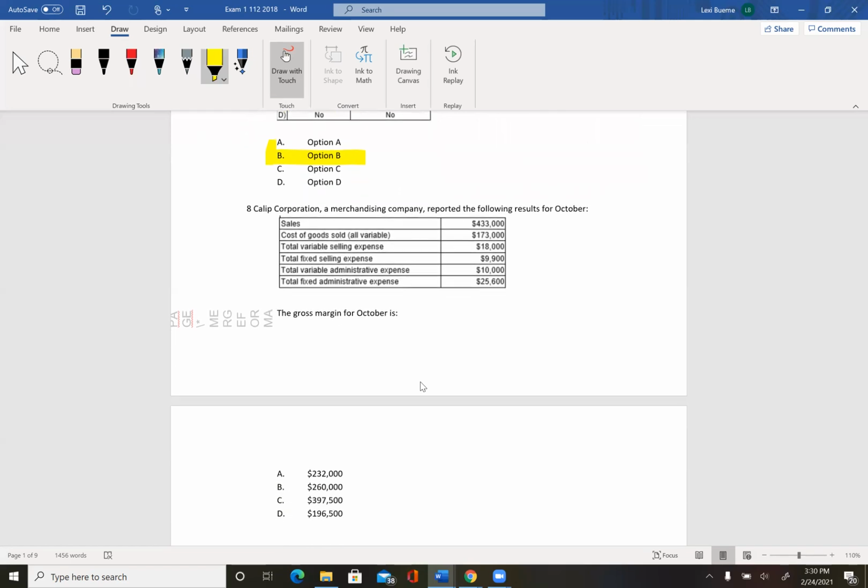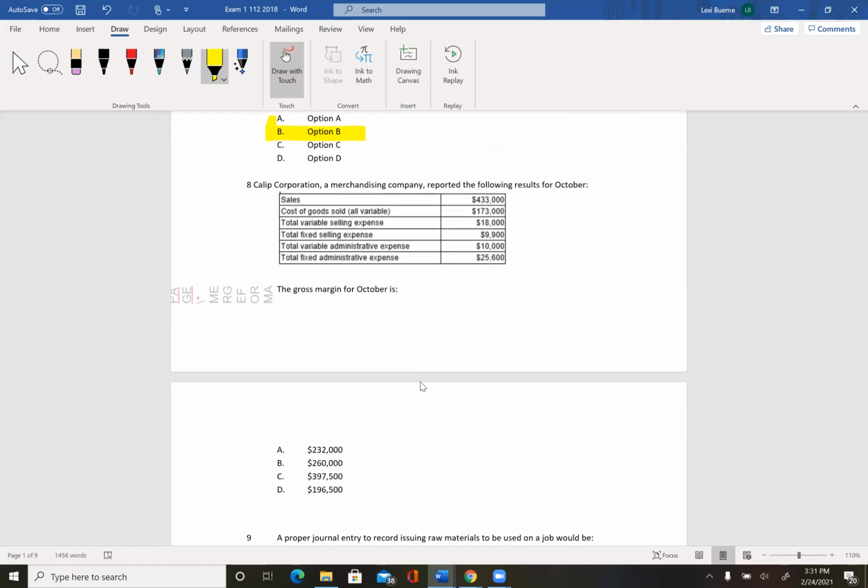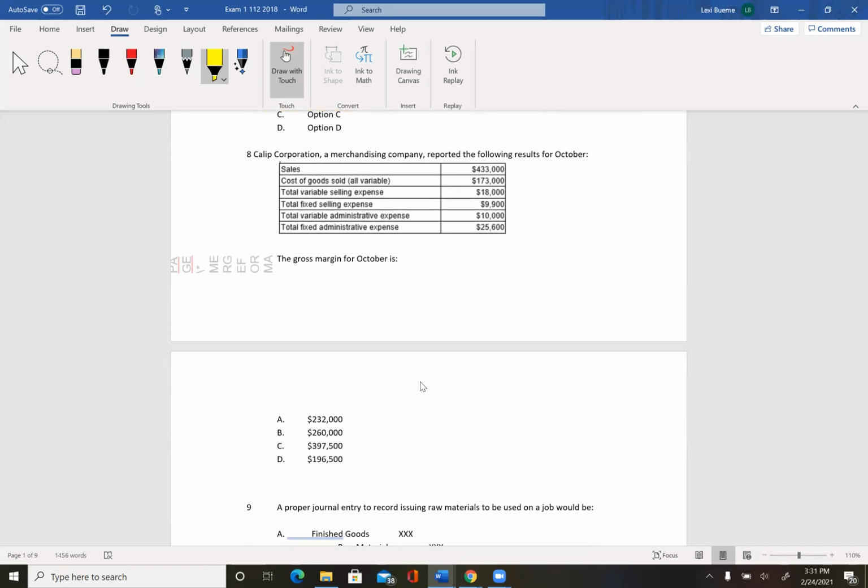Clip Corporation, a merchandising company, reports the following results for October. What is the gross margin? To find gross margin, the formula is sales minus cost of goods sold, and that equals your gross margin.